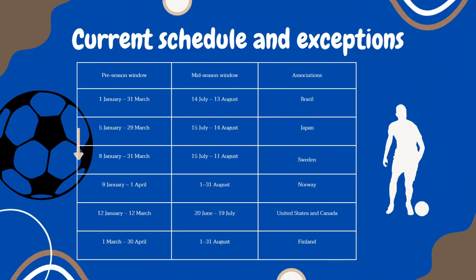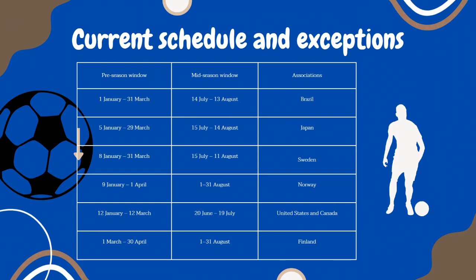And the fifth, Norway, is 9 January to the 1 April. And the mid-season window is the 1st August to the 31st August.